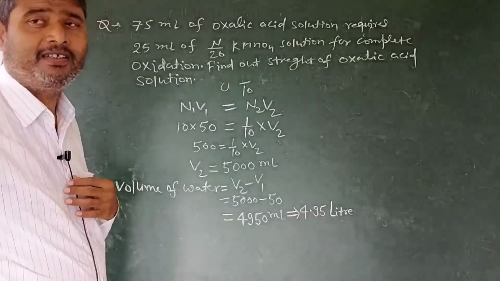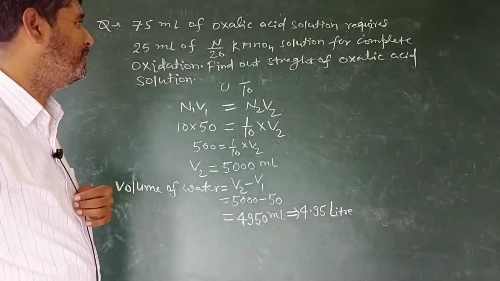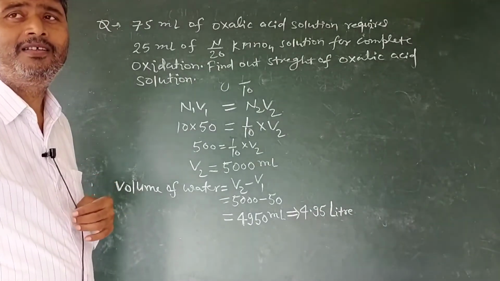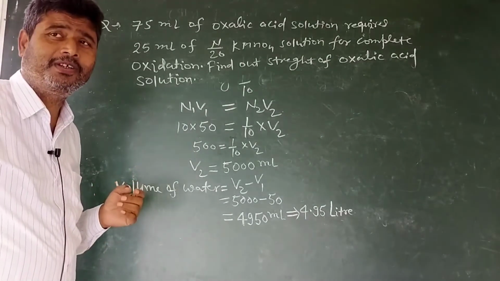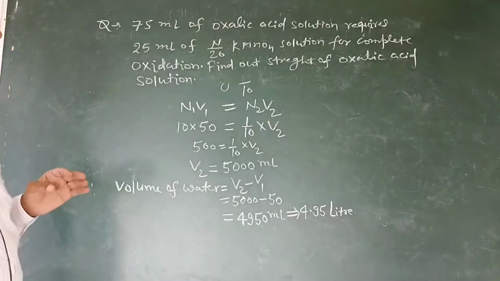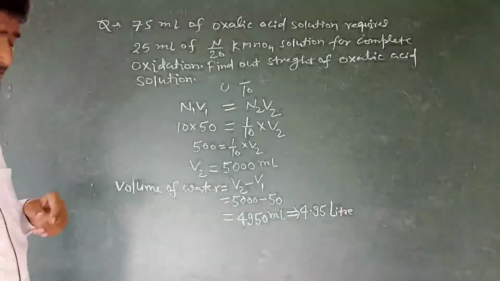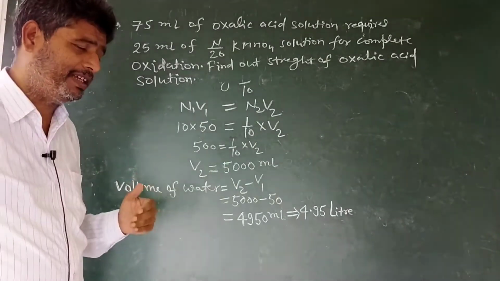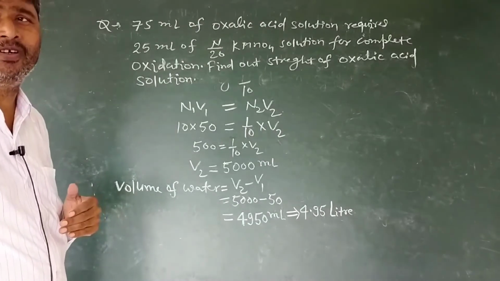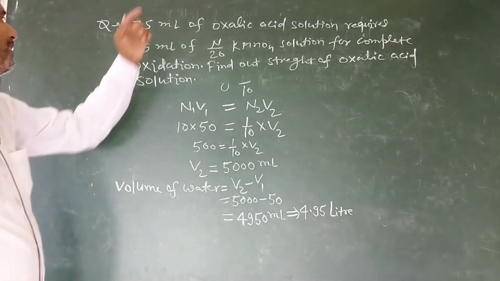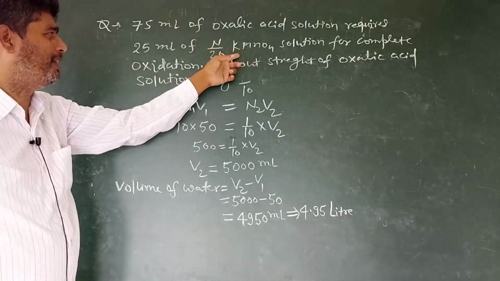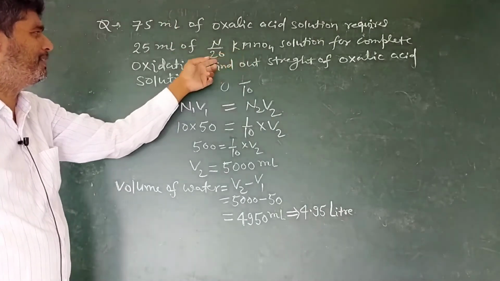Dear student, just a few minutes before I had told you that a solution whose normality is known is called a standard solution, and a solution whose normality is unknown is called an unknown solution. So here the normality of potassium permanganate KMnO4 is given.